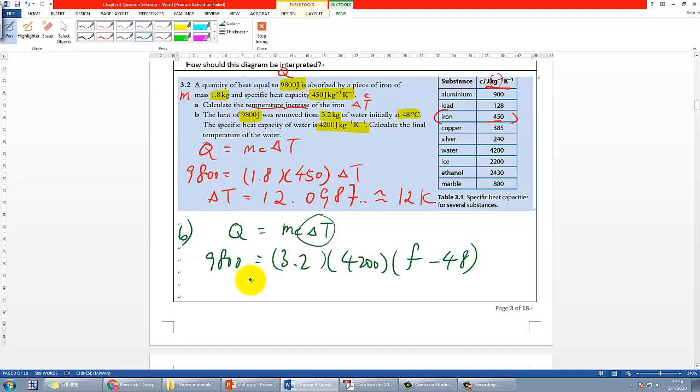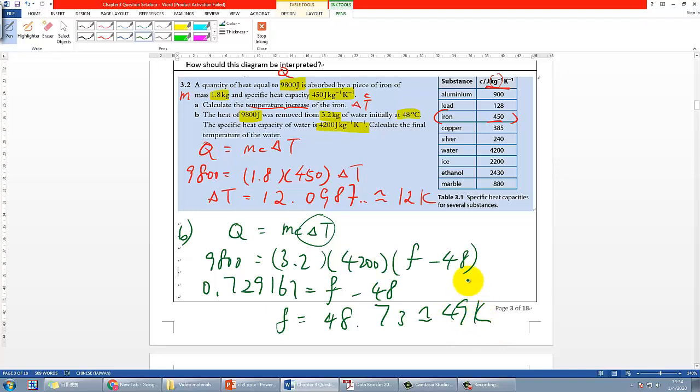So just solve the equation. So you have 0.729167 equals F minus 48. So F would then be plus 48, which gives 48.73. I will actually round it up to 2 SF, so 49 Kelvin in that case.